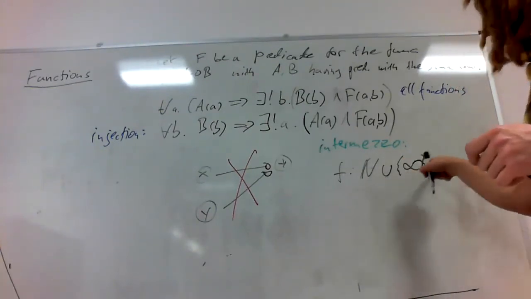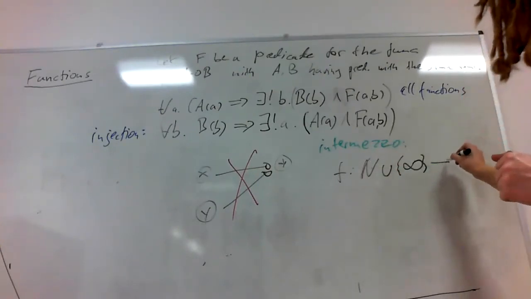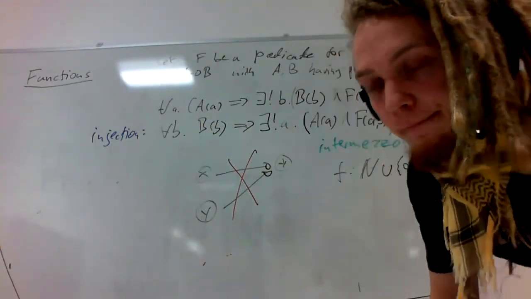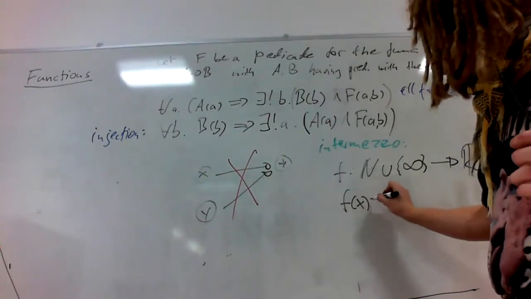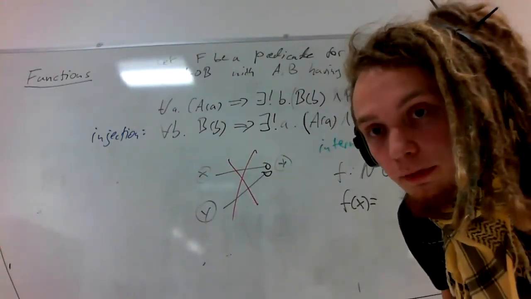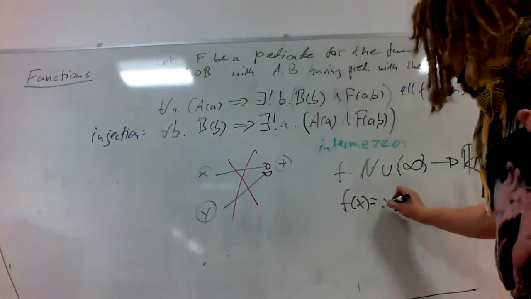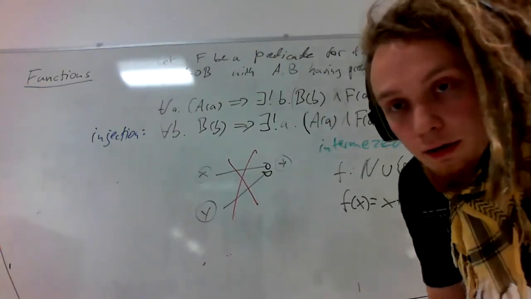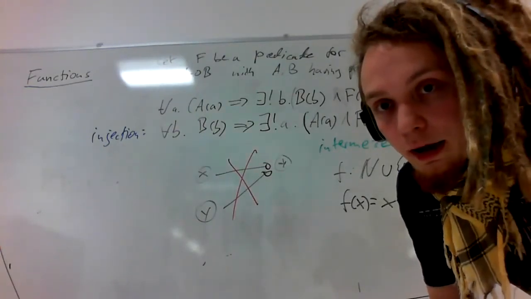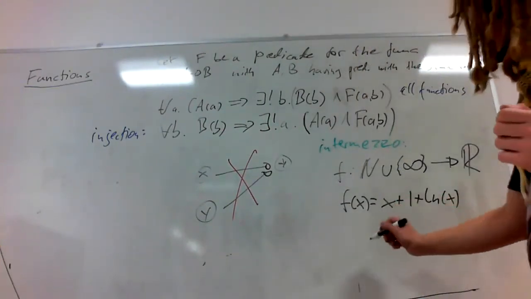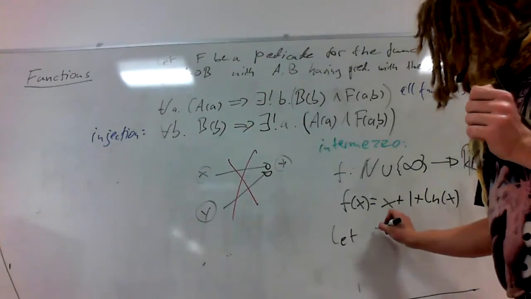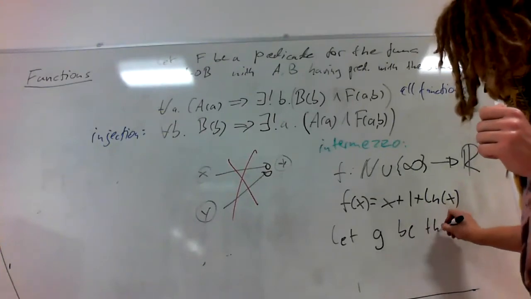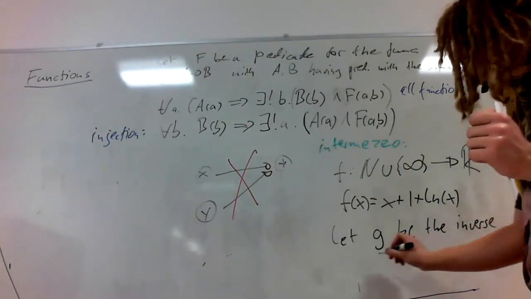Here needs to be a set, not a tuple. And you map this into the real numbers, probably. And f of x equals x plus 1 plus ln of x plus 1 plus ln of x. And we see, okay, now we say that let g be the inverse of f.